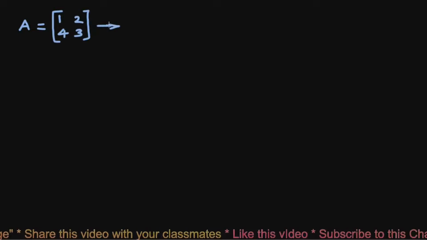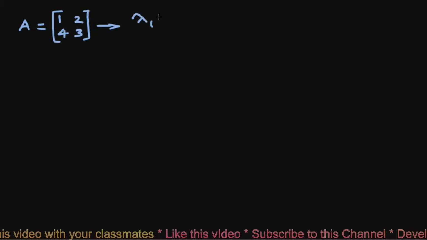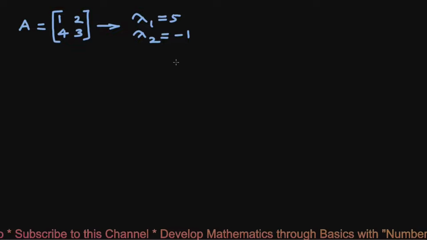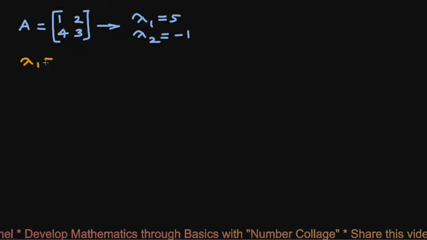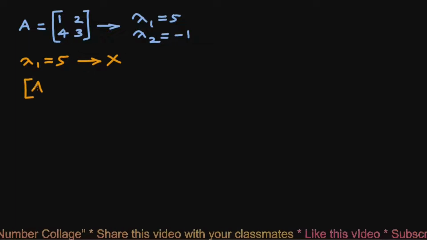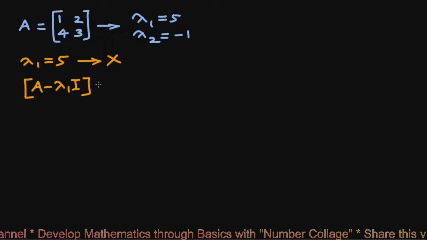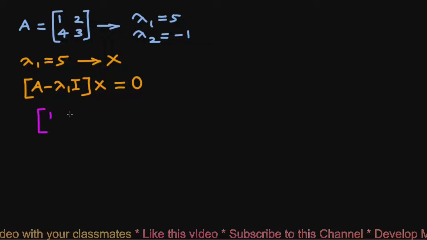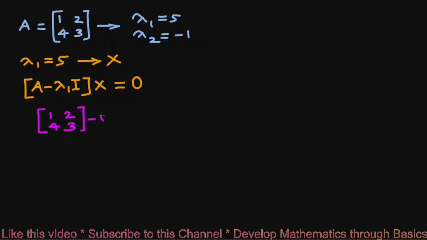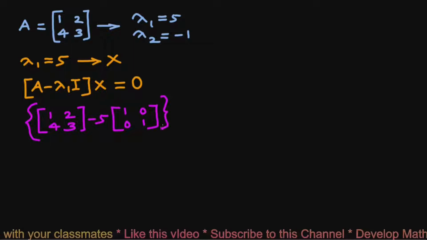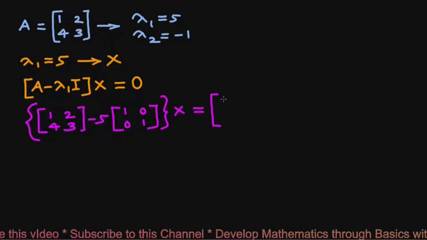Now for matrix A = [1, 2; 4, 3], we have two eigenvalues, lambda 1 equals 5 and lambda 2 equals minus 1. Now corresponding to eigenvalue lambda 1 equals 5, suppose we have a column matrix X such that matrix (A minus lambda 1 I) into X equals zero matrix O, which will be [1, 2; 4, 3] minus 5 into unit matrix [1, 0; 0, 1], multiplied by X equals the zero column matrix [0; 0].